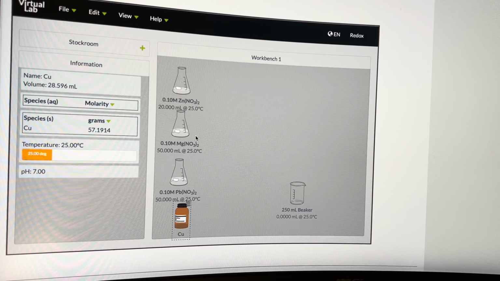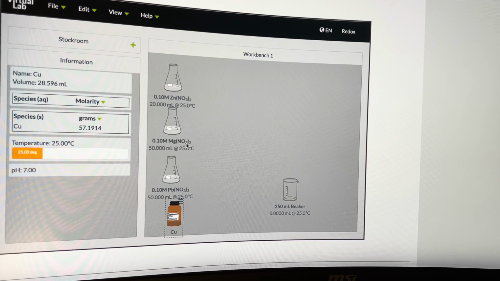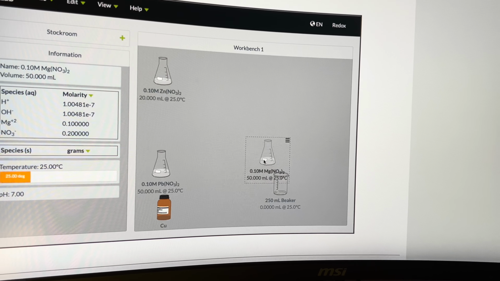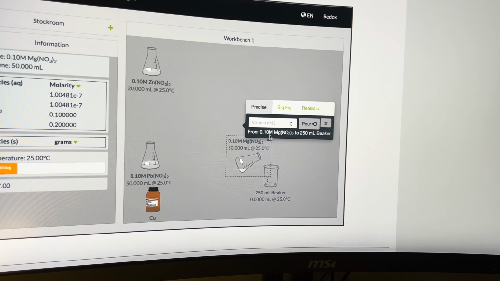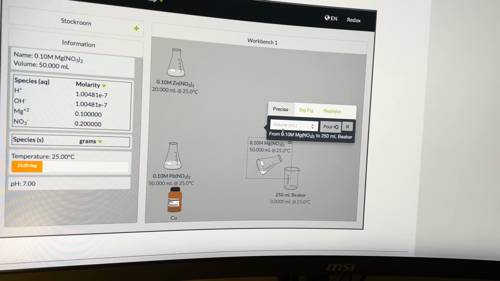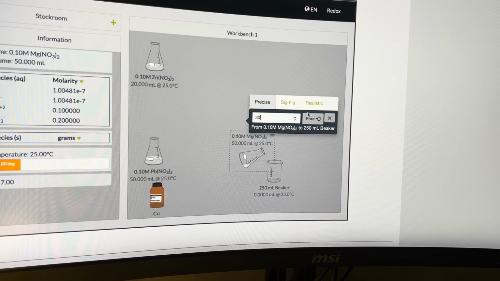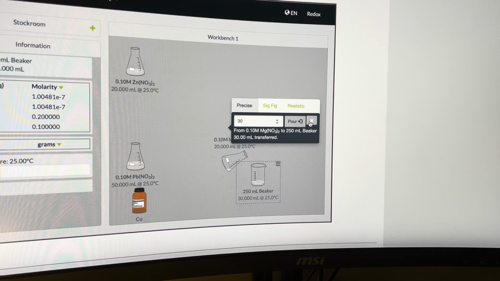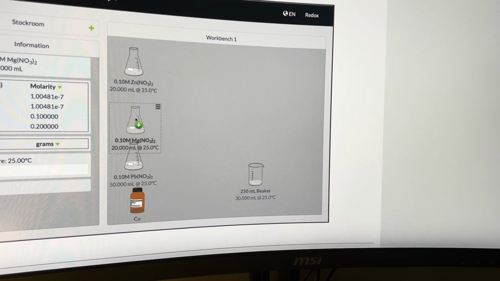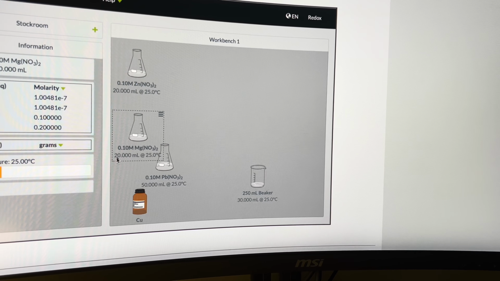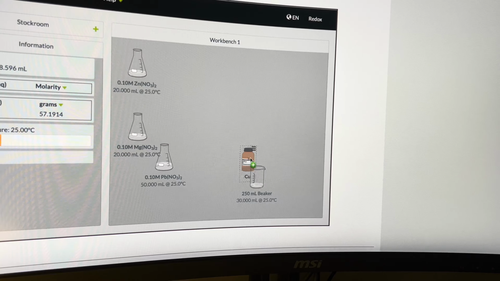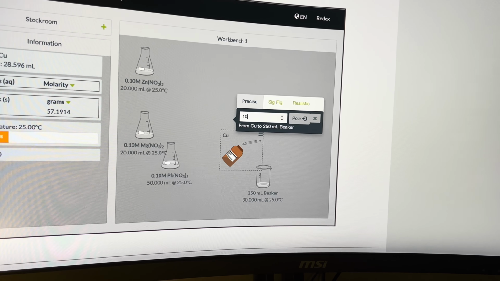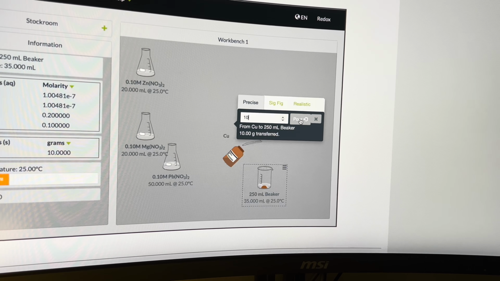Next, we're going to do magnesium nitrate as our aqueous solution. So we're going to pour the same amount, so the volume is constant: 30 ml of magnesium nitrate into our clean beaker. And we're going to dispense also 10 grams of our copper solid into the solution.